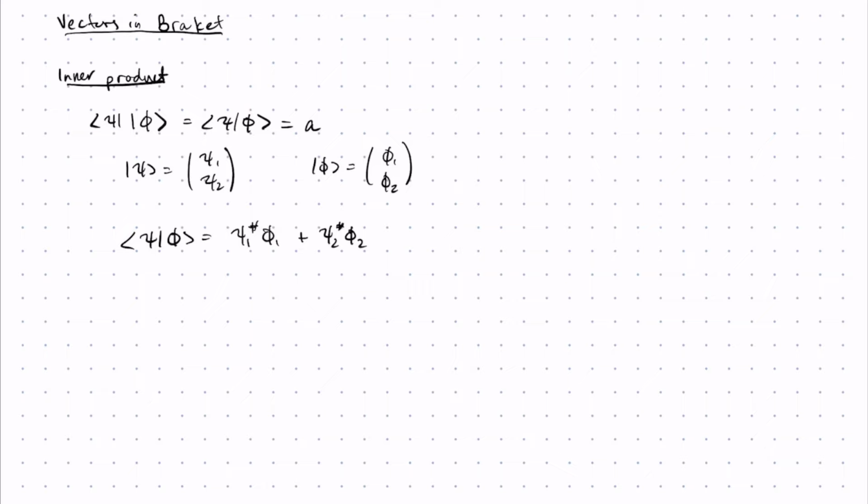There's also a special version of the inner product, which is a vector with itself. And this is effectively a norm. And we'll typically give it a special symbol, which just indicates that it's the norm squared.